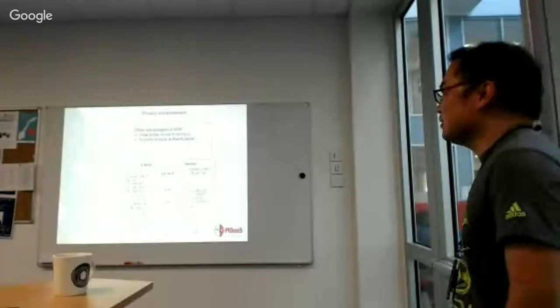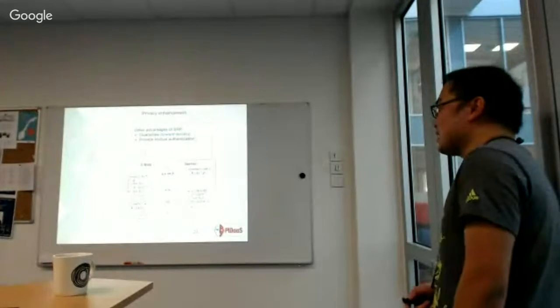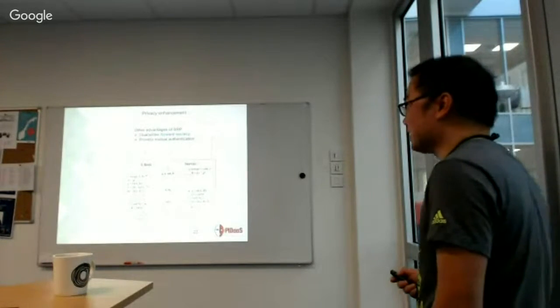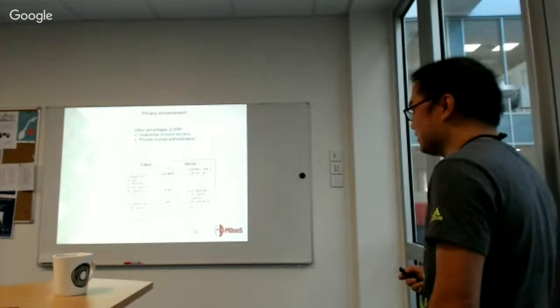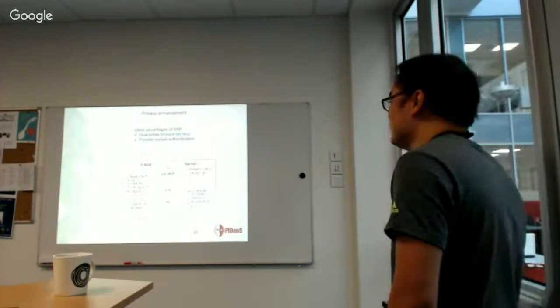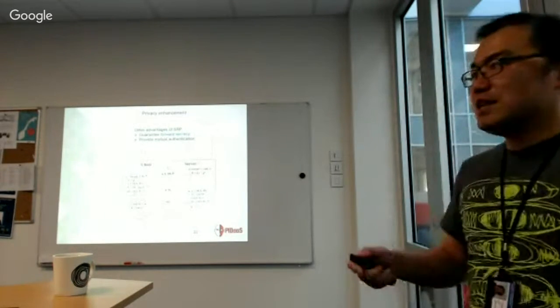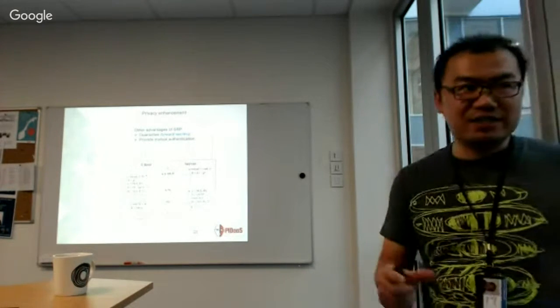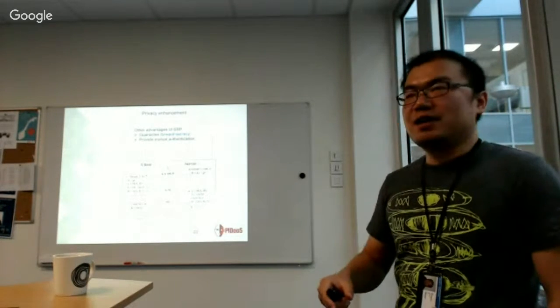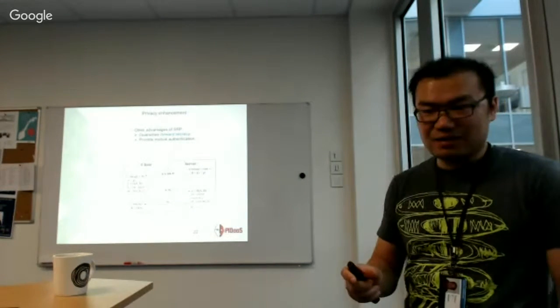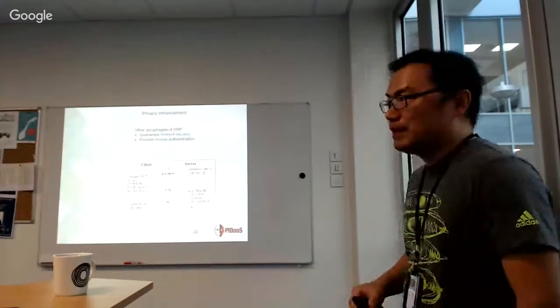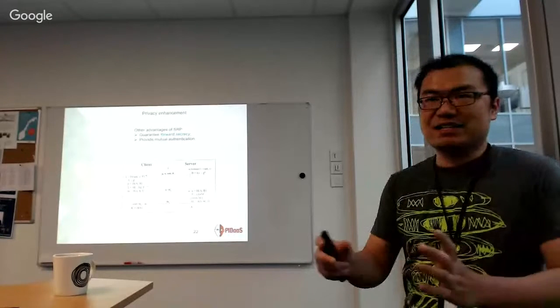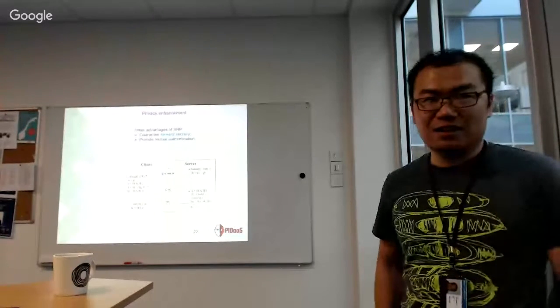Another advantage of SRP is, first, that it guarantees forward secrecy. What does forward secrecy mean? There's a session key for each conversation between the user and the server. If the attacker obtains this key, for some protocols they will use the same key for each conversation.